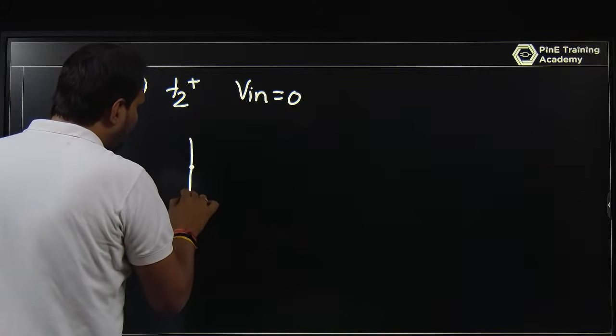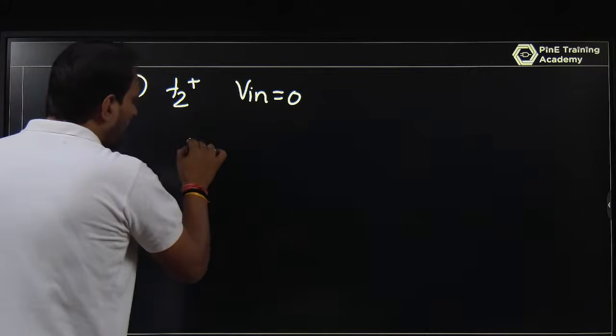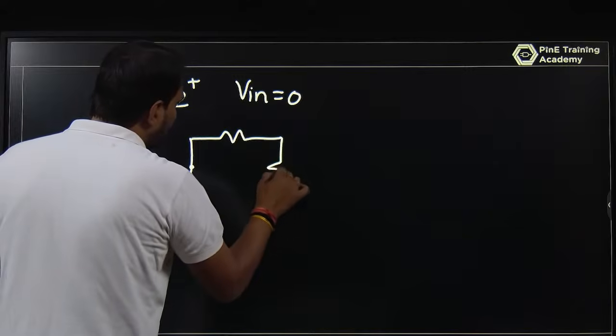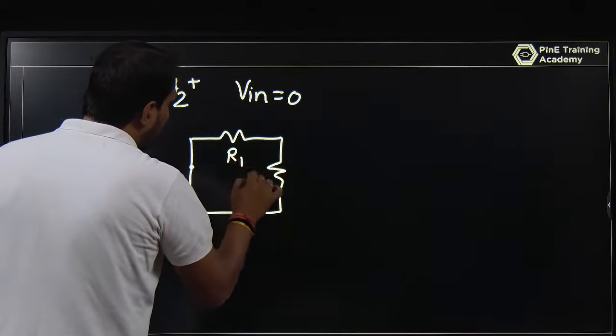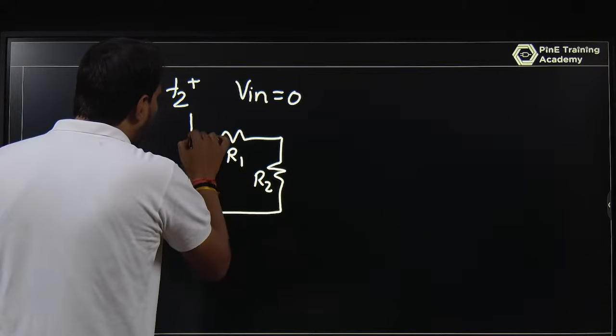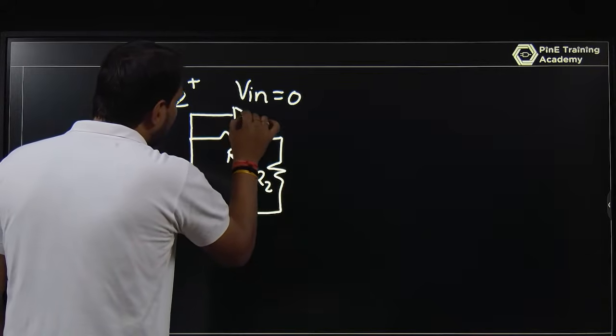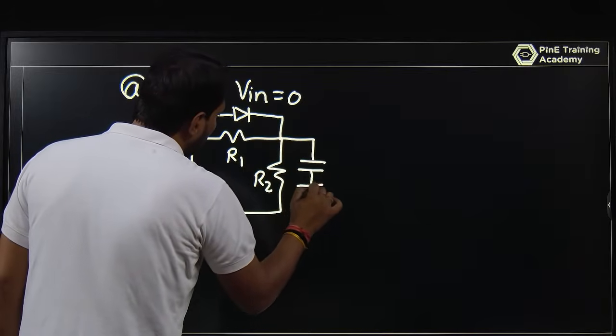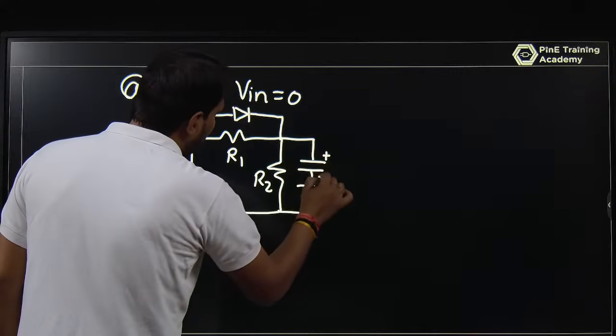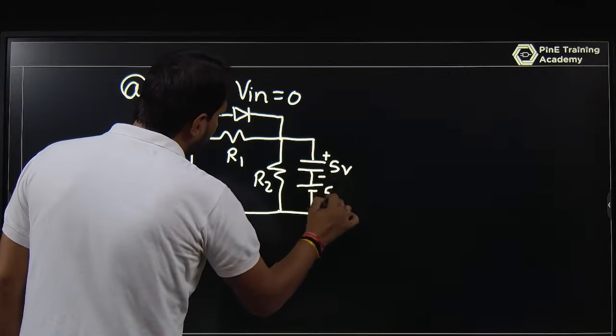So the input voltage remains 0. You have resistances R1 and R2, and now you have a diode like this. And the capacitor does not allow a sudden change. So this is plus minus 5 volt and this is 5 volt here.